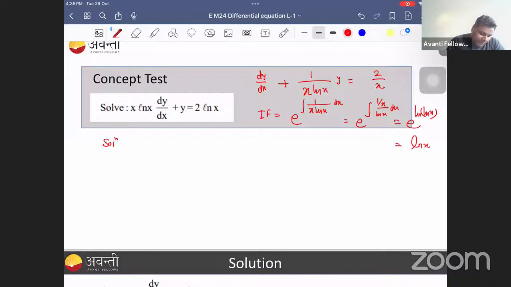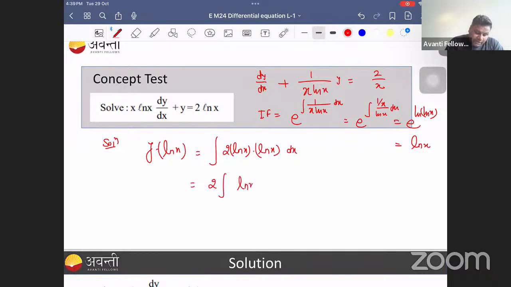Now the solution will be what? Y into the integrating factor, y into ln x, equals the integration of Q, that is 2 ln x, into the integrating factor ln x dx. That is 2 integration of ln x whole square dx. Now we will use integration by parts. Assume 1 as the second function.